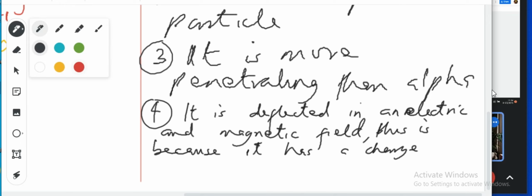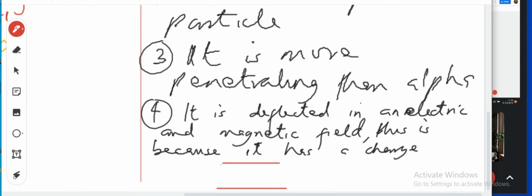By the way, so that I don't leave this without emphasizing what I mean by deflected. If you have an electric field like this, such that the upper plate is positively charged and the lower plate is negatively charged, and an alpha particle enters, how will it be deflected?